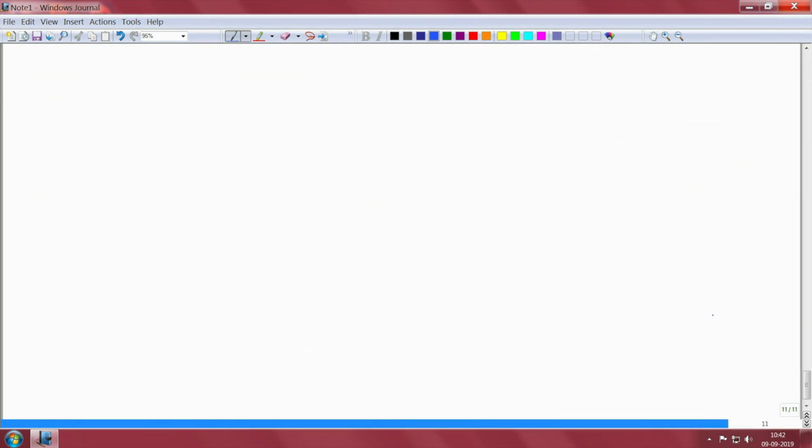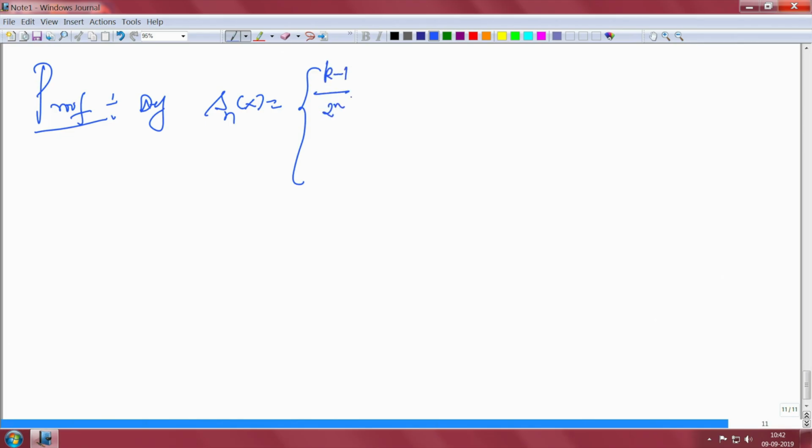The proof is rather simple, but one should try to understand this in full detail. All that we do is define the sequence Sn of x to be (k minus 1) by 2 to the n, if (k minus 1) by 2 to the n is less than or equal to f of x, strictly less than k by 2 to the n.